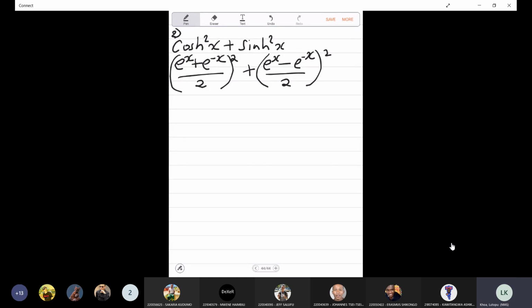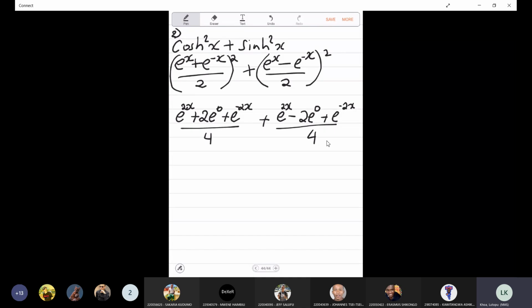So squaring it the same way we did the other one, we have e to the power of 2x plus 2 e to the power of 0, then plus e to the power of minus 2x divided by 4. And the second one, we have e to the power of 2x minus 2 e to the power of 0 plus e to the power of minus 2x divided by 4.